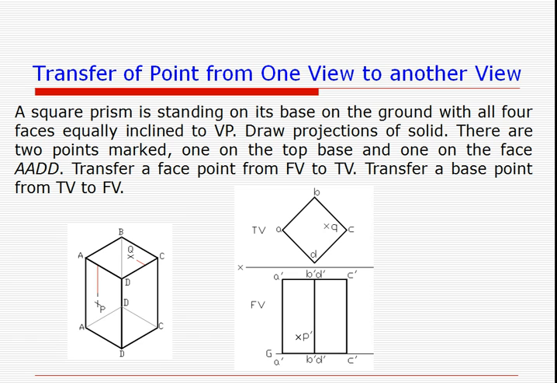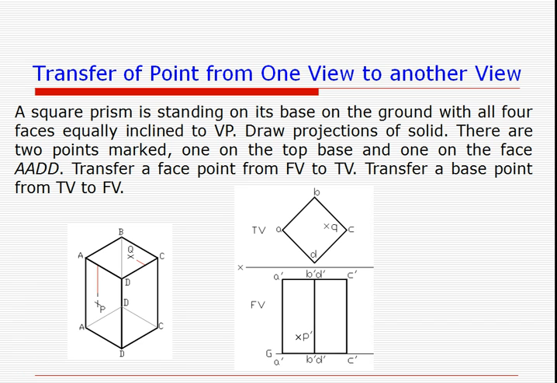The point P appears in the front view, which is already given. So we have to get its top view. We note that the point P is visible, so it must definitely lie on the visible face, and the visible face from the top view we can see is the one having the projection AD in the top view.